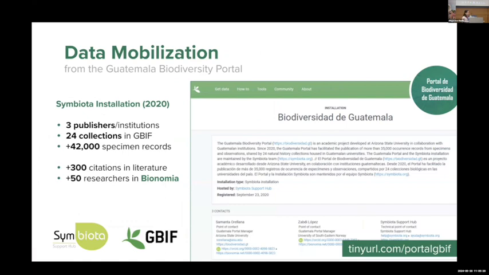So not everyone, for various reasons, wants to be on GBIF for now. So we have 42,000 specimens in that global aggregator, and this is very important for researchers and curators because they already have more than 300 citations in scientific literature, for example. And more than 50 researchers are very happy to be in everyone's favorite platform, Bionomia.